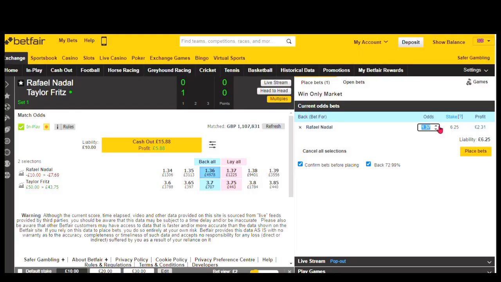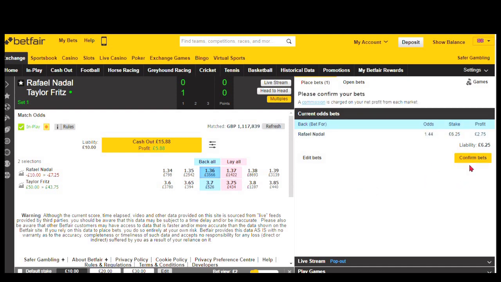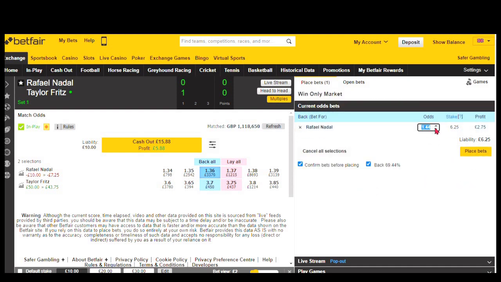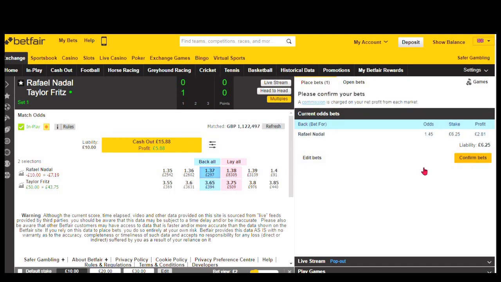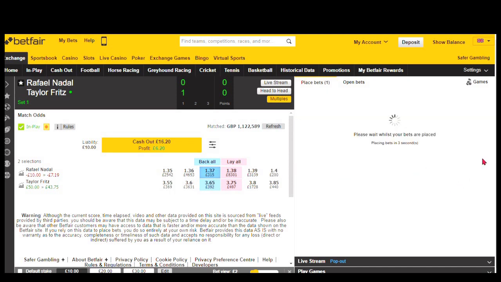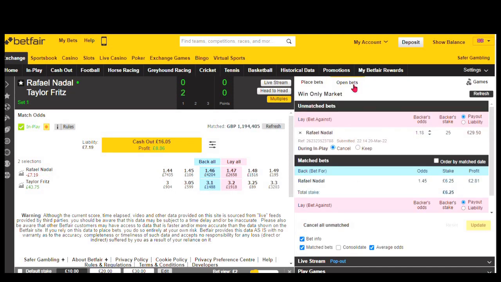If Fritz holds his serve, we know that his odds are going to rise, and we're going to try and take some of our liability out at 1.45 as and when they get there. That's the plan. That's why I've put that in. And as you can see, Fritz held his serve and went up to 1.46.